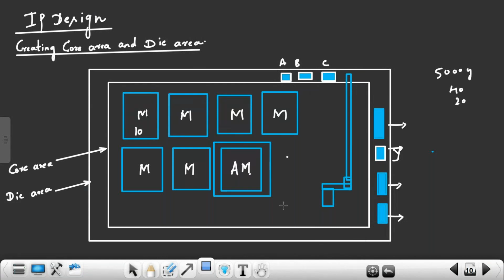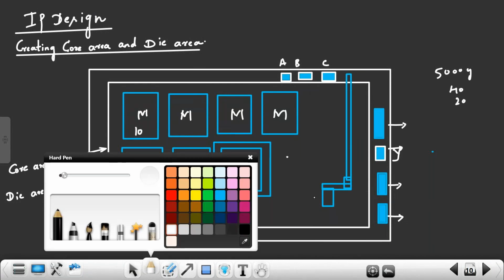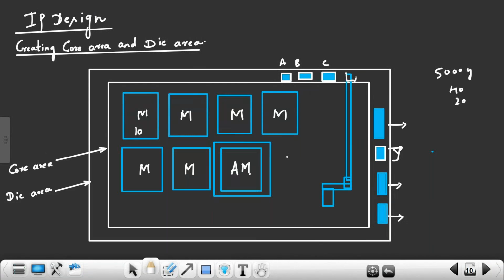This is a metal layer. Here, assume VDD is 1.5 volts. When the cell is switching, it is going to draw current. As it's a metal layer, it has a small resistance, and current is flowing through the metal layer. Because of this, a voltage drop happens on the metal layer.